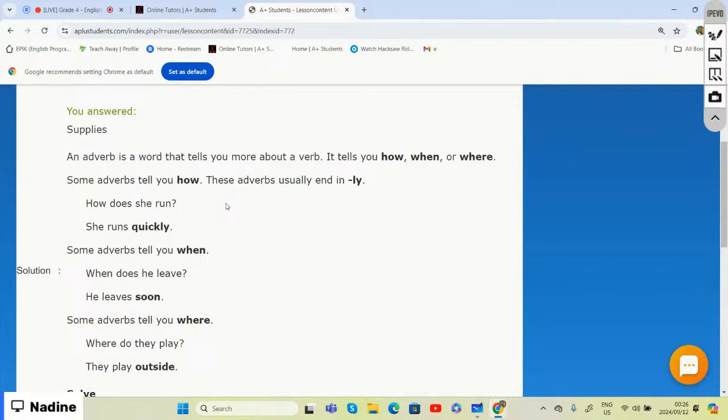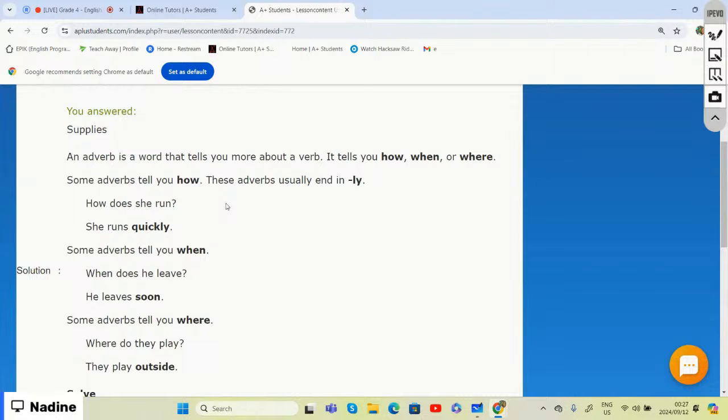Then we have adverbs that tell us when. When did she leave? Soon. So soon is our adverb. Soon is the adverb that tells us when the person left.